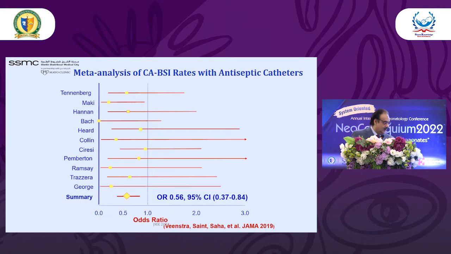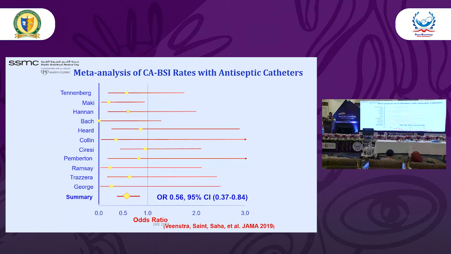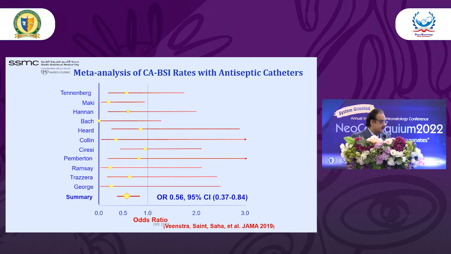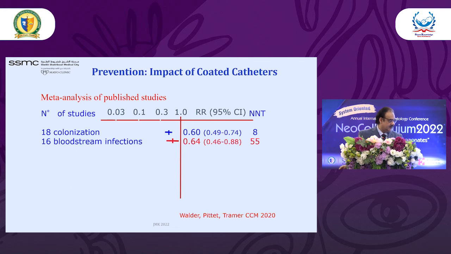Okay. Now, the meta-analysis of antiseptic catheter. Yes, antiseptic catheter is available. It's a sterile catheter, and of course, it reduces CLABSI, and it is the same catheter. It is not any special catheter. Now, the impact of the coated catheter, these are specialized catheters, and it's a little bit expensive, but yes, it can reduce.